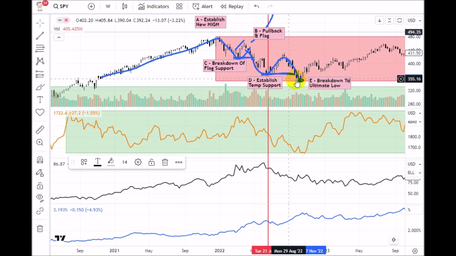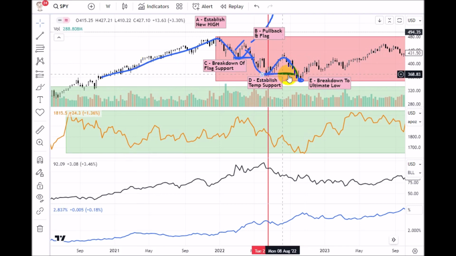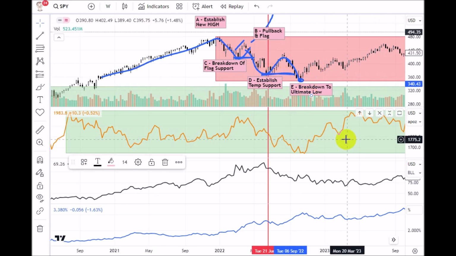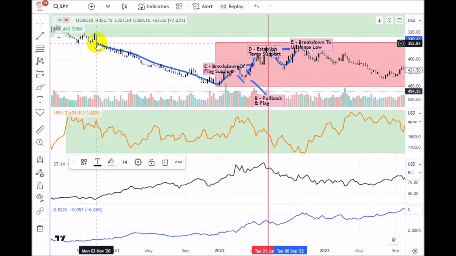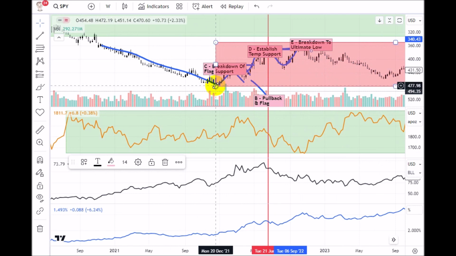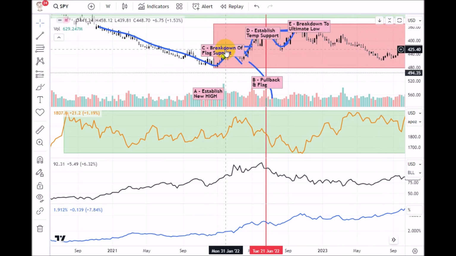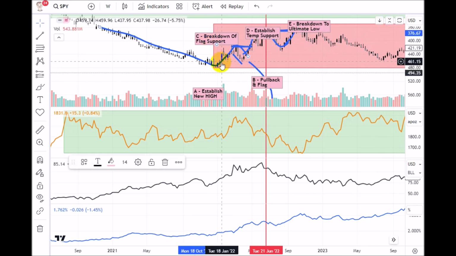So now, as you're looking at this, I want you to understand that the opposite is also true. Okay, if I were to invert this and you were to see a new downtrend that rallies up to a new flagging formation right here, up down to a flagging formation, then we would have the flag pullback.